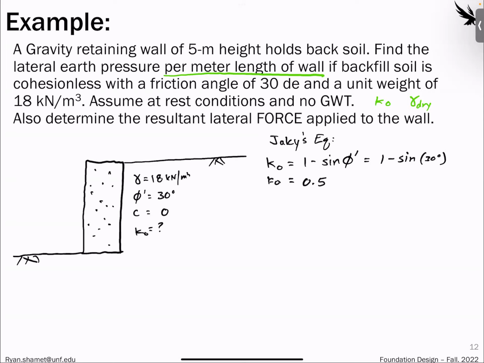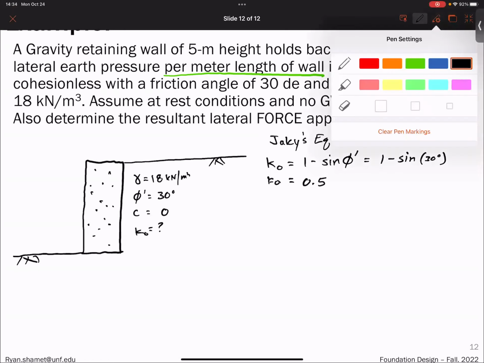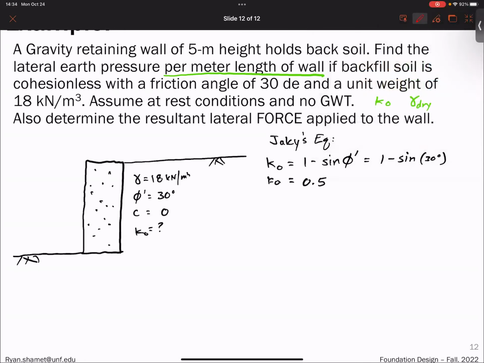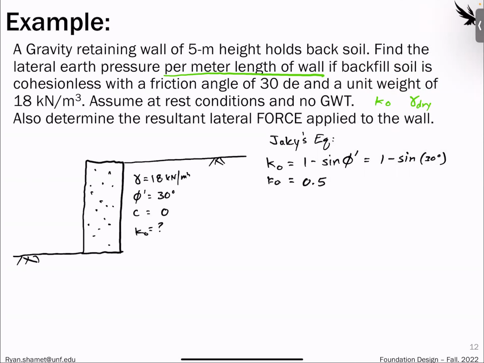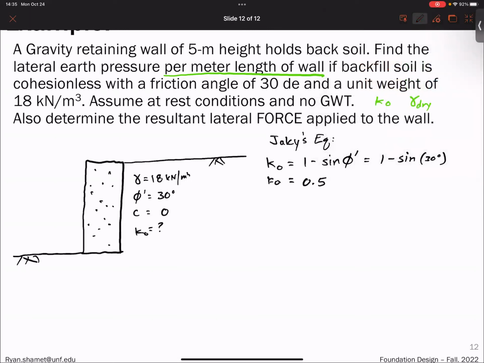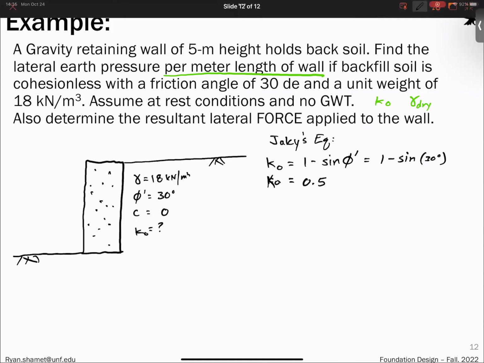That's what that is physically meaning there. If you're not confident with this, you could first draw the vertical stress profile, and then once you have it, you just multiply it by 0.5. Or you can combine the two.